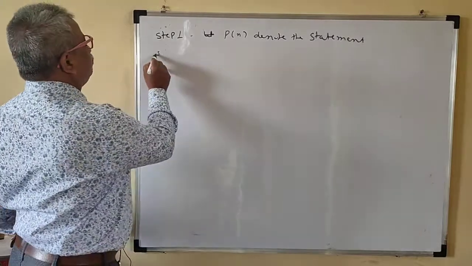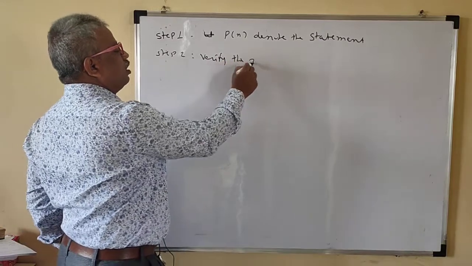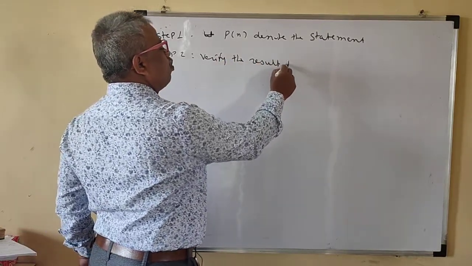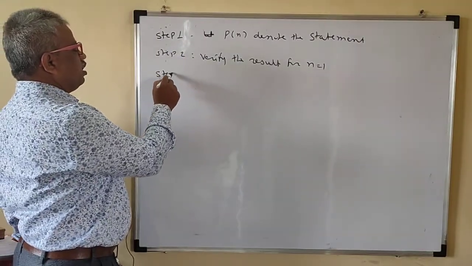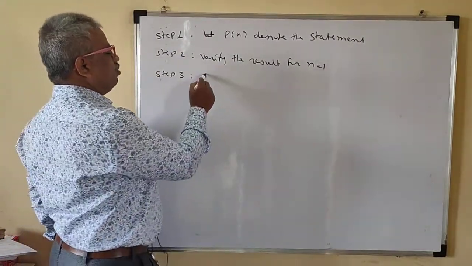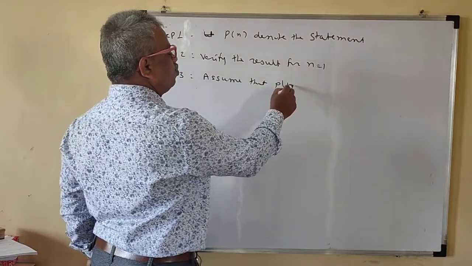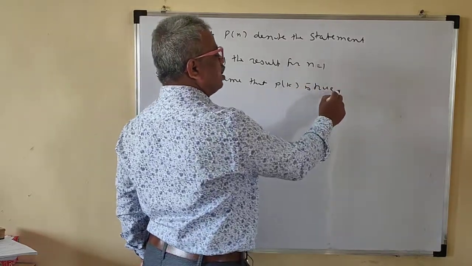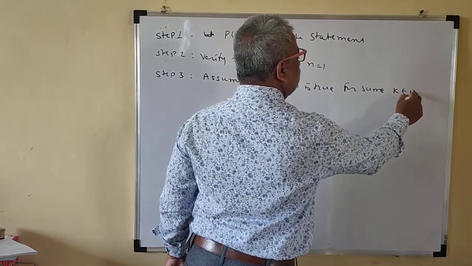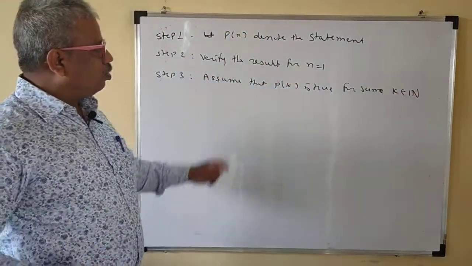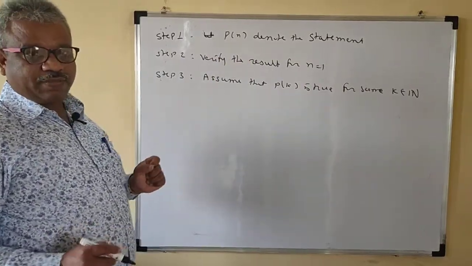Step 2: verify the result for n equal to 1. Step 3: assume that Pk is true, that means your result is true for some k belonging to N. If you want to prove anything with the help of the set of natural numbers, then you can apply mathematical induction.